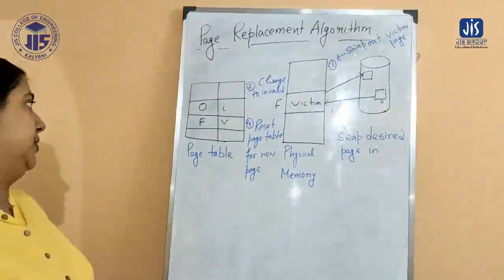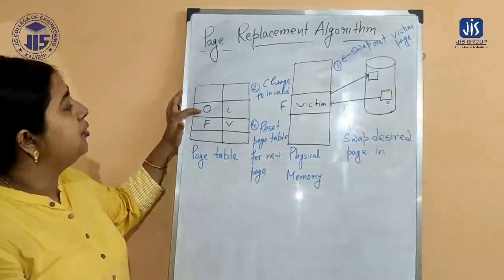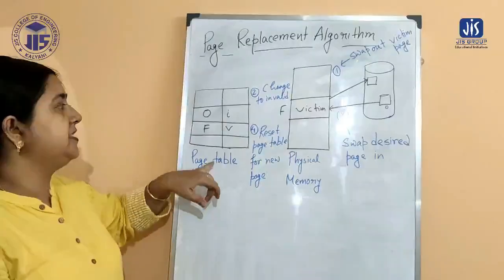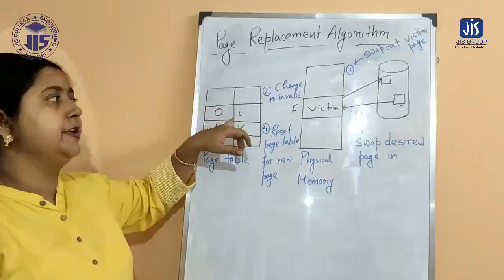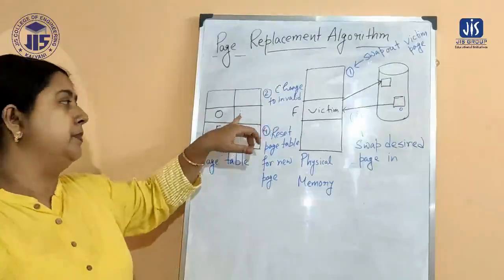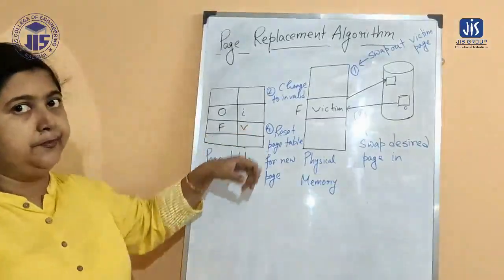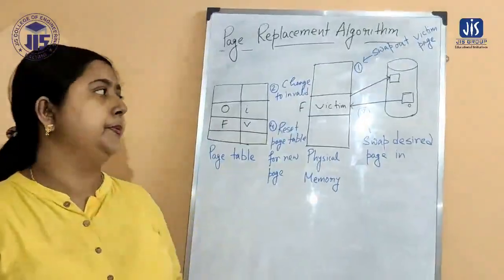Look at this scenario. Initially, for this O reference, the page table is set as I. That means this O reference is not in the main memory. For the F reference, it is set as V. That means initially this is in my main memory.